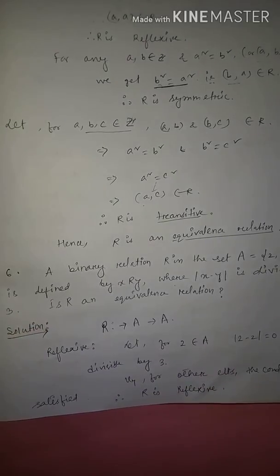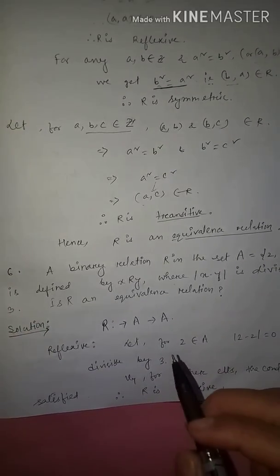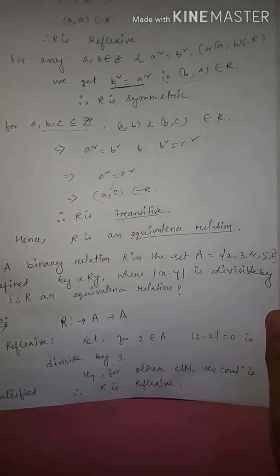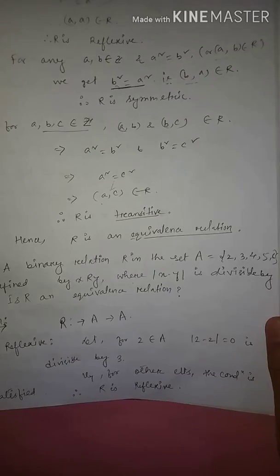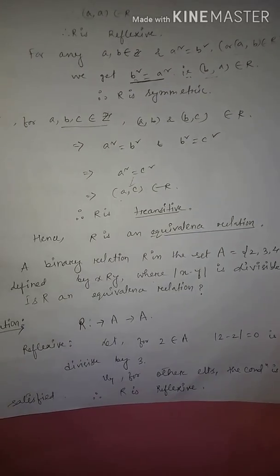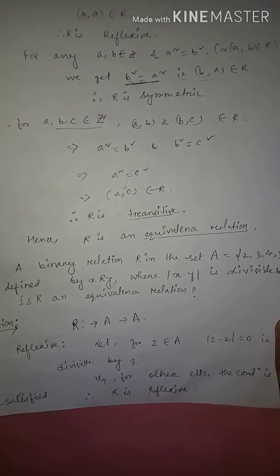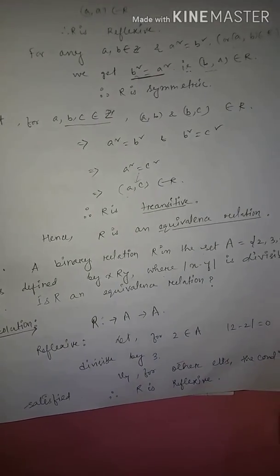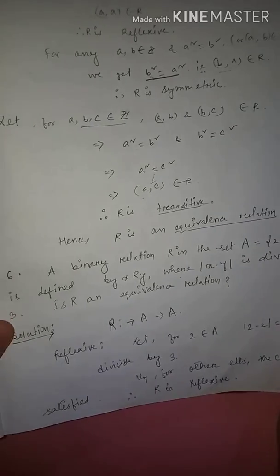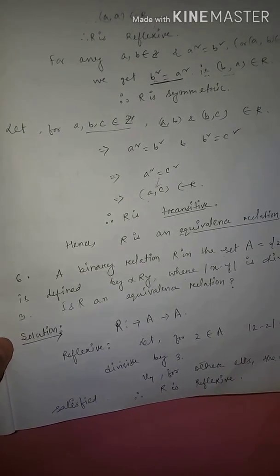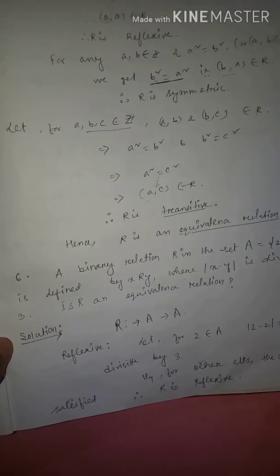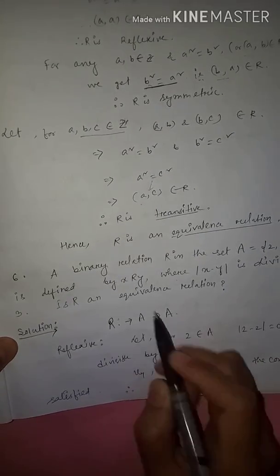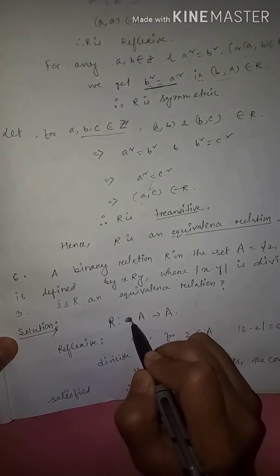Here we are given a binary relation R in the set A containing the elements 2, 3, 4, 5, 6, defined in the way that modulus of x minus y is divisible by 3. Let's say R goes from A to A, R goes from A to A itself.